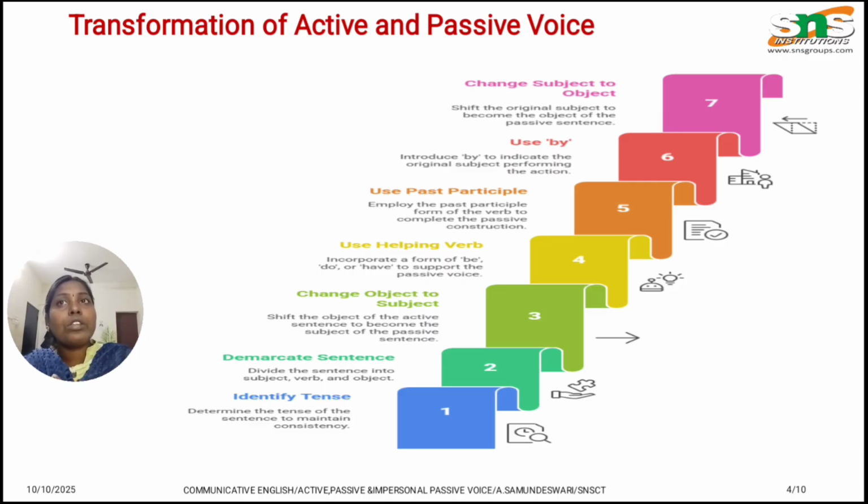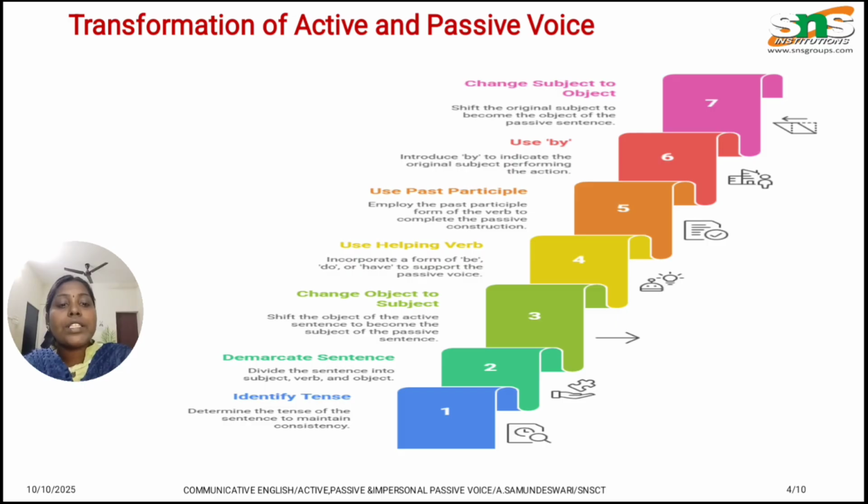The basic concept is that there is no need to change the tense of the verb. We are giving a parallel answer. If your sentence is in present continuous active voice, you write your answer in present continuous passive voice. This is the simplest concept which will help you to write always.